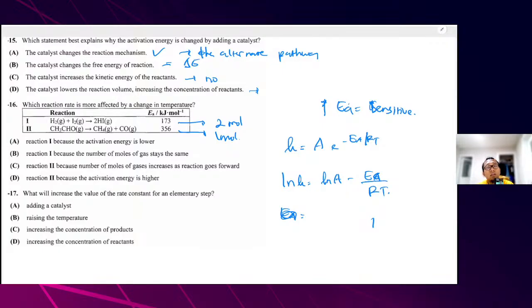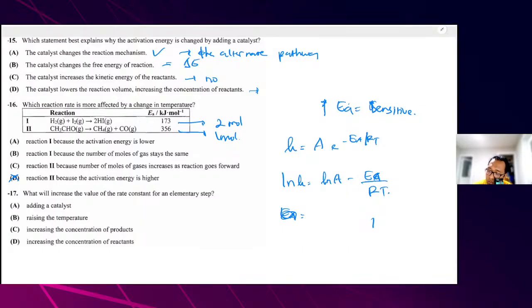Okay, if activation energy is larger, if we have a higher EA and we increase the temperature: reaction 1 because the activation energy is lower, no. Reaction 2 because the number of molecules is increased, no. Reaction 2 because the activation energy is higher, yes.